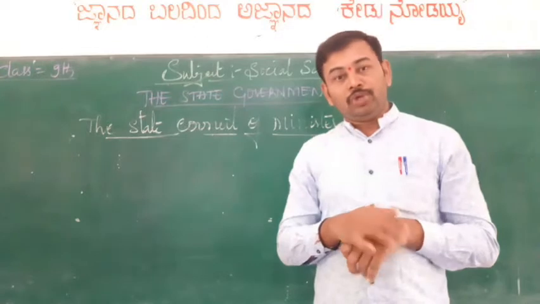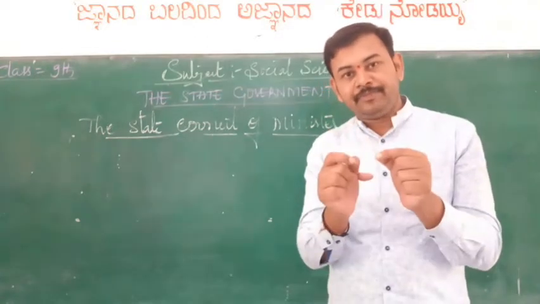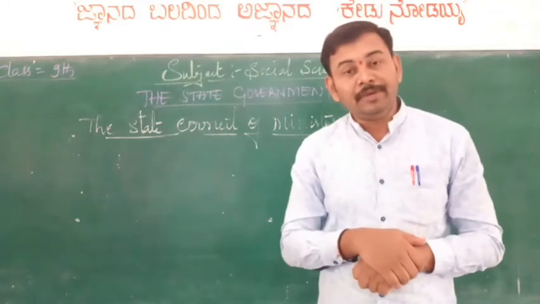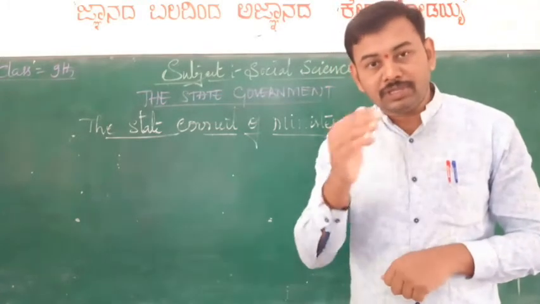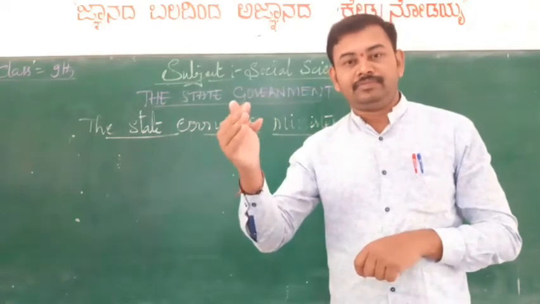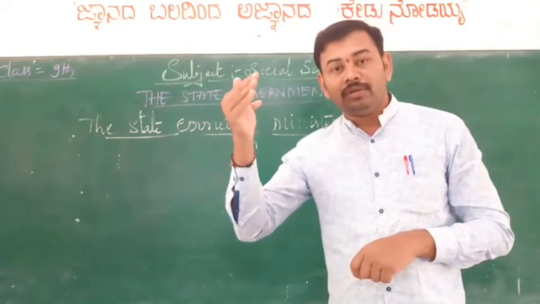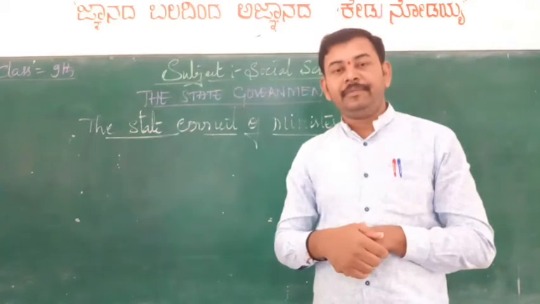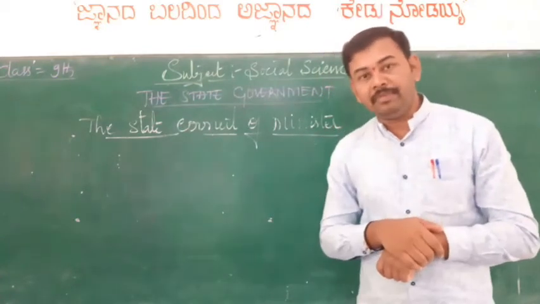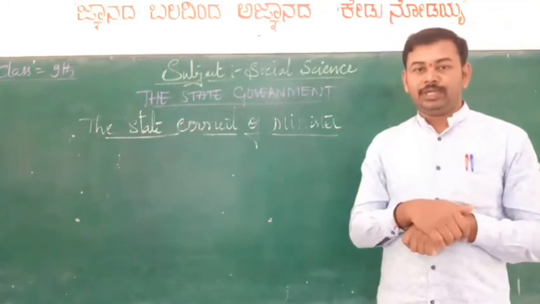Isn't it? Though the president is having the power, though the president is the constitutional head, the real power is exercised by the Council of Ministers headed by the Prime Minister in the Union.